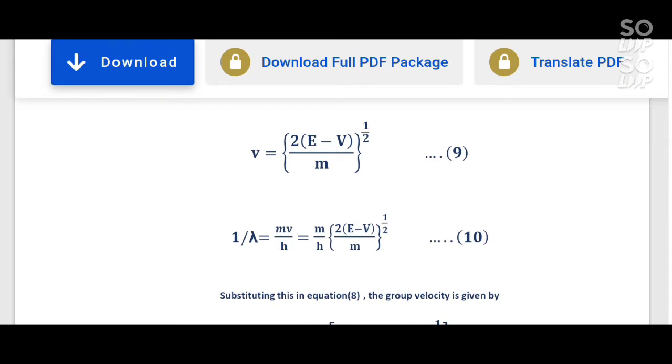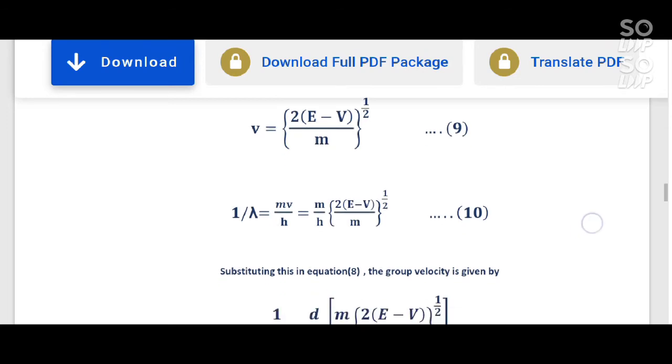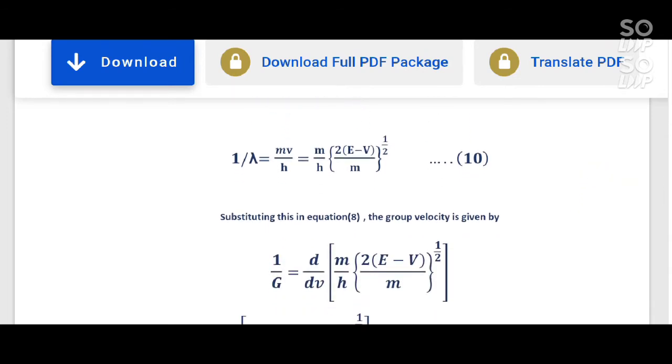It is equation 9. And 1 by lambda is equal to mv by h, so m by h into [2(E minus V) by m] to the power 1 by 2. It is equation 10.